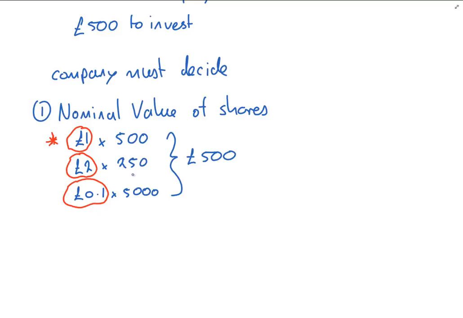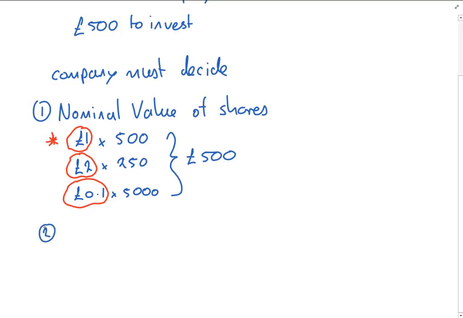But now companies do not have to state the maximum number of shares that they can issue. Pre-2006 they did. It was called authorised share capital. Post-2006 they don't. And actually, even though you stated an authorised share capital, you could increase or decrease that amount by passing the relevant resolution.